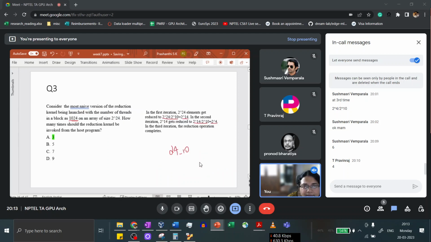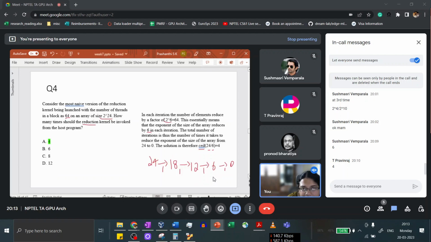In the other case, for instance, it was 24 divided by 10, right, which is 2 if you take an integer, and then you do a ceil of that, you get 3. So that's why it was 3 iterations there. Here it is straight away 4 because 24 is a multiple of 6. But this is a convenient formula in case you want to save time and calculate it directly. But this is the logic behind it. Hopefully both are clear.